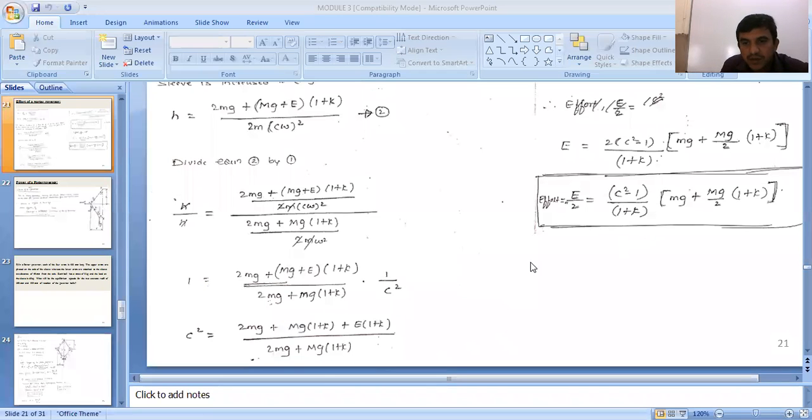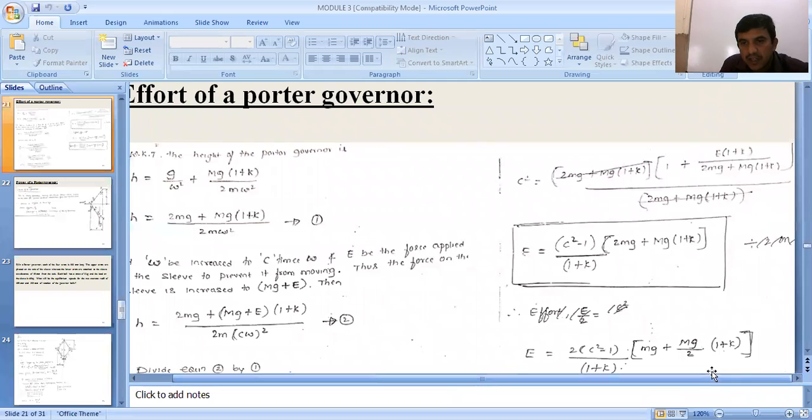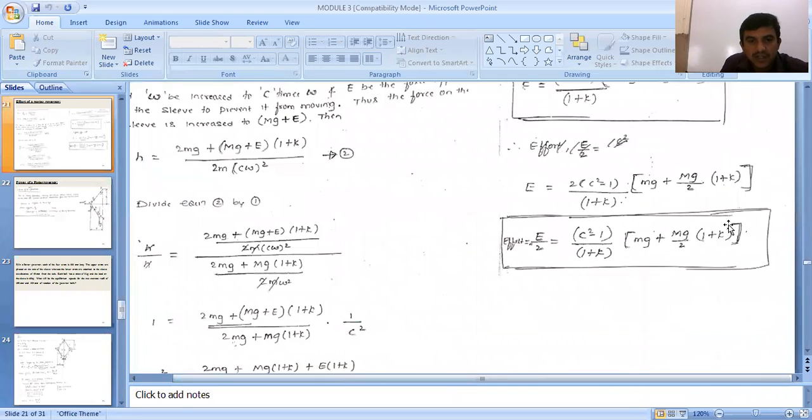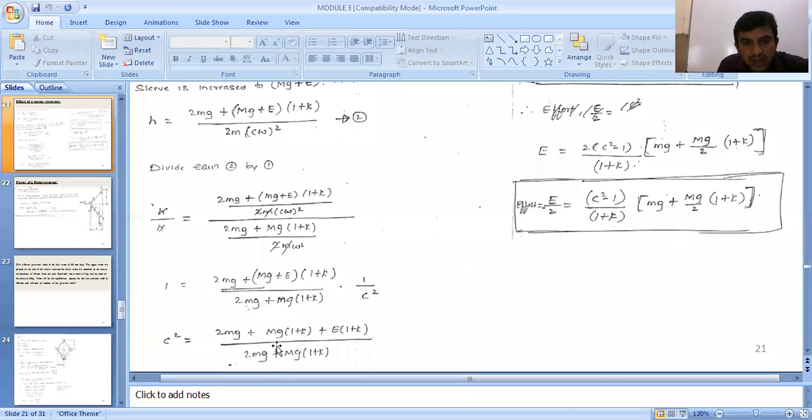Now what will you get? See this equation. In the denominator the term is 2 times small mg plus capital Mg into 1 plus k. In the numerator also it is 2 times small mg plus capital Mg into 1 plus k plus e into 1 plus k.